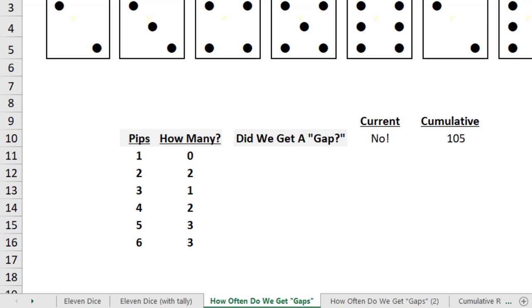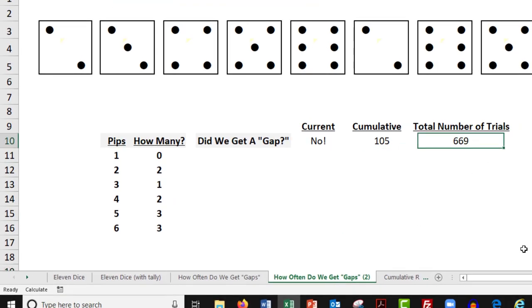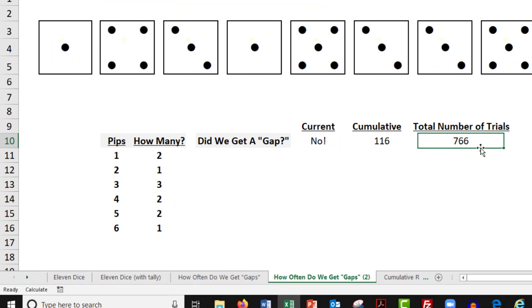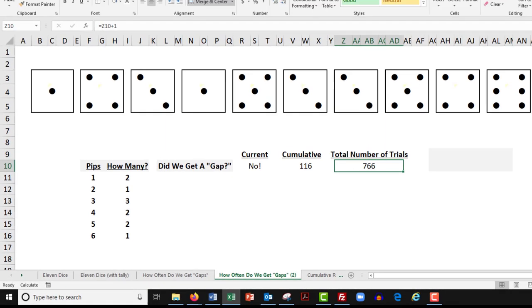The big thing is you really can't metric what 105 looks like until you actually look at how many trials occurred. I was holding it down for a while. That box right there, total number of trials, tells us how many times I have thrown 11 dice.